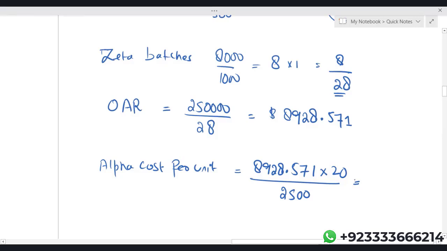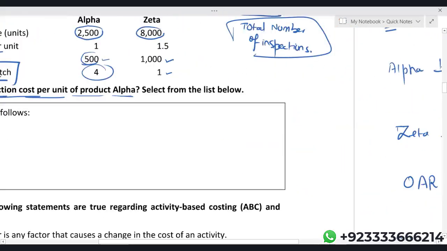So 8,928.571 multiplied by 20 divided by 2,500. Students, I'm getting 71.428. If you're not getting the exact answer from the multiple choice options, then obviously we'll go to the nearest one. Let's see.